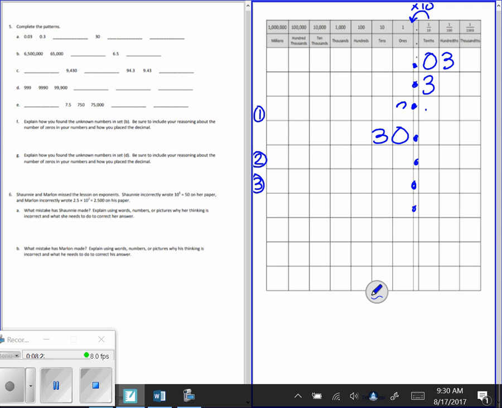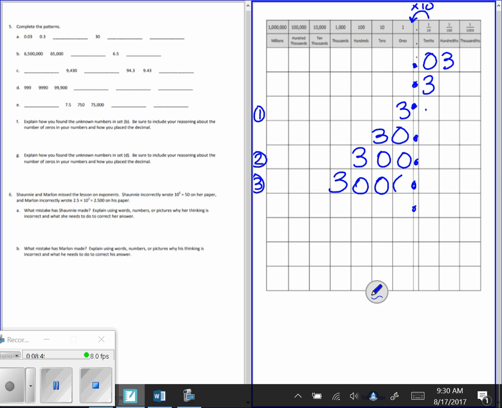So this would be 3. And then when you go from here to here, you would have 3, no empty pockets. 300. We don't leave any of those squares empty. So then this one, you would increase it again. You do not leave these empty.